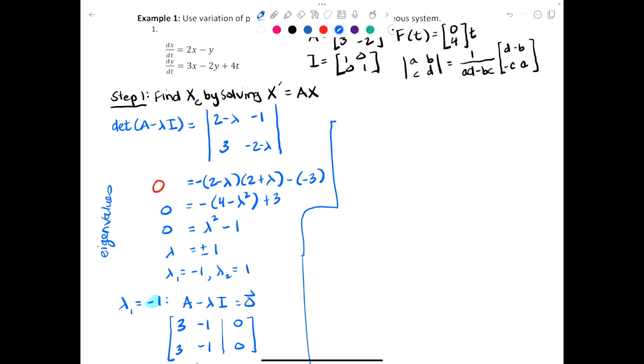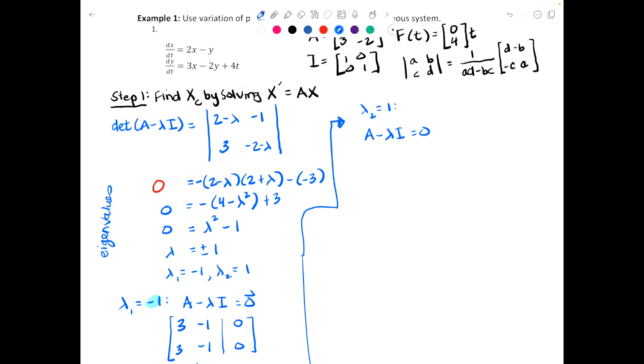Okay, so for the next eigenvector, you do the same thing. We're going to cruise on up here and look at lambda 2, which was equal to positive 1. Again, we're solving A minus lambda I equals 0.